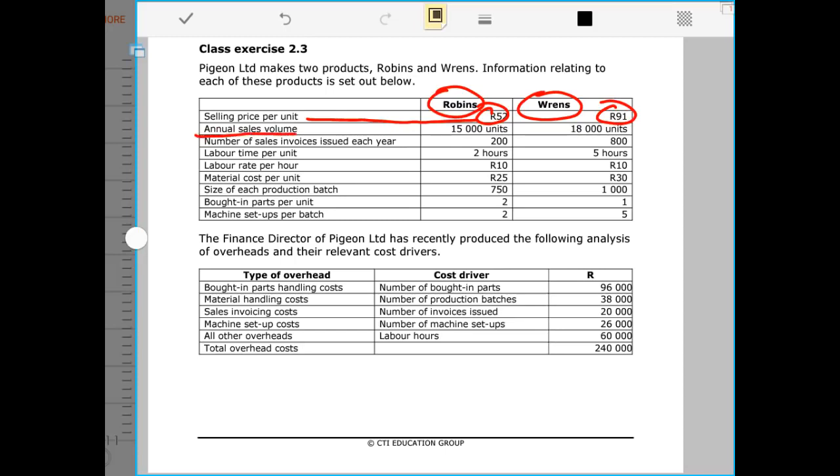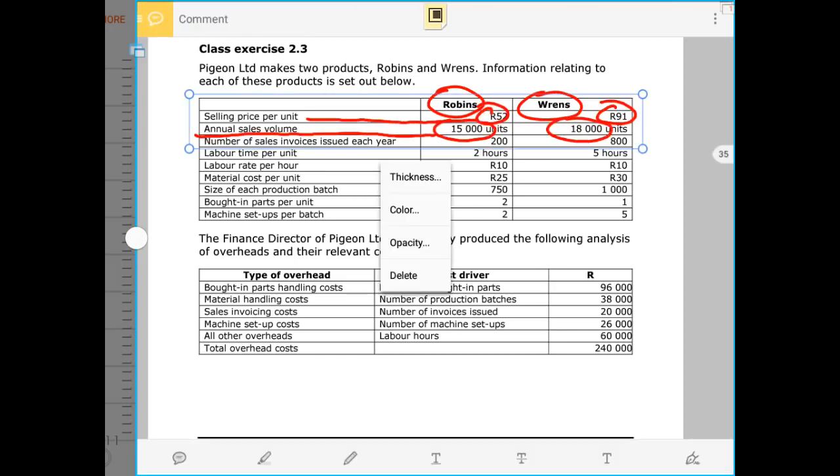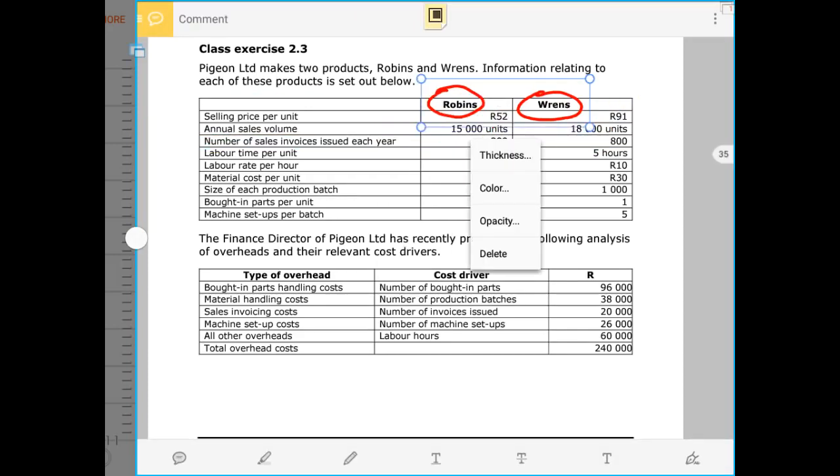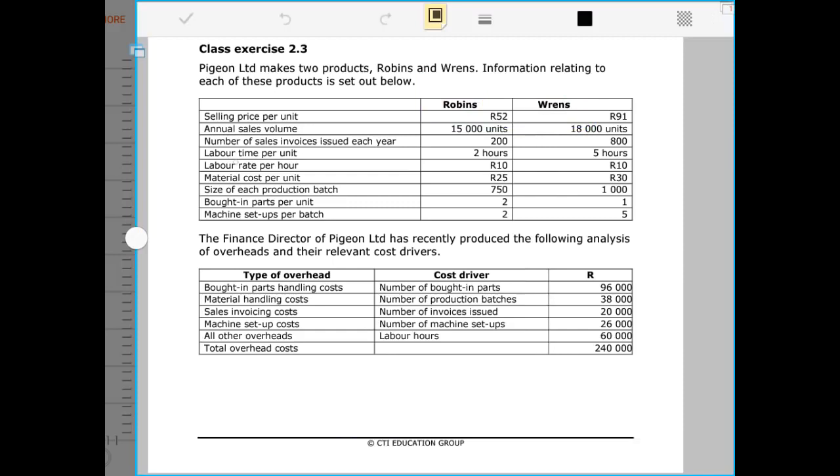We are given the annual sales, which are 15,000 and 18,000 units that are expected to be sold. We are given the number of sales invoices that were issued each year, which is 200 and 800. We are given labor time per unit.